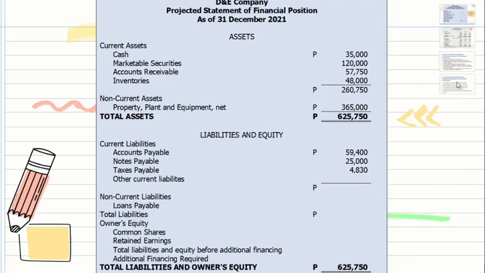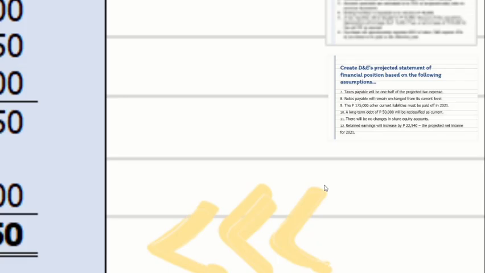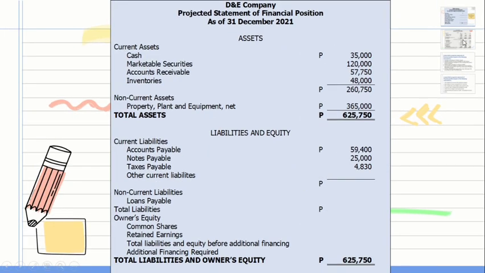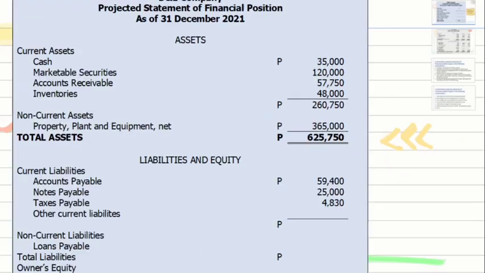Now, for our other current liabilities, the 175,000 other current liabilities must be paid off in 2021. So, naman tayong balance ng other current liabilities pag 2020 of 175,000. Then, ang atong assumption is ato na siyang tanan ma-pay off na nato siya on 2021.